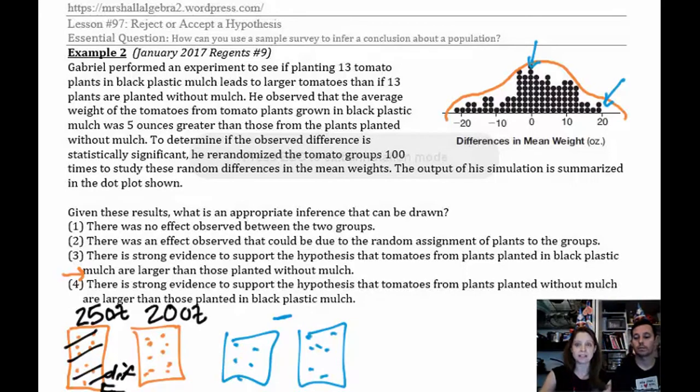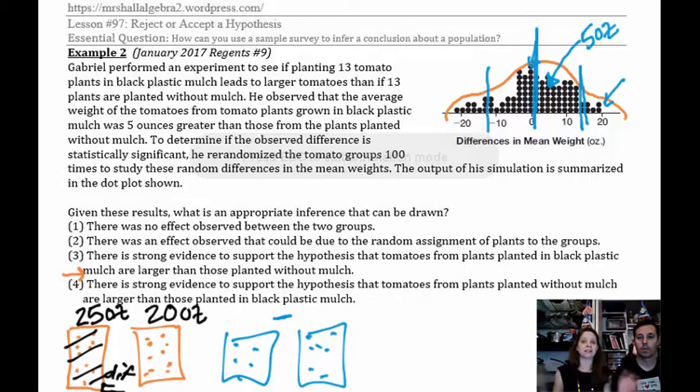Okay. And so now we're going to estimate the 95% confidence interval based on this graph. So I'm saying roughly here is the mean, and roughly here and here are 2 standard deviations. It's my estimate. Now I want to see if a 5-ounce difference falls within 95%. And 5 ounces falls right around here, which is within 95%.